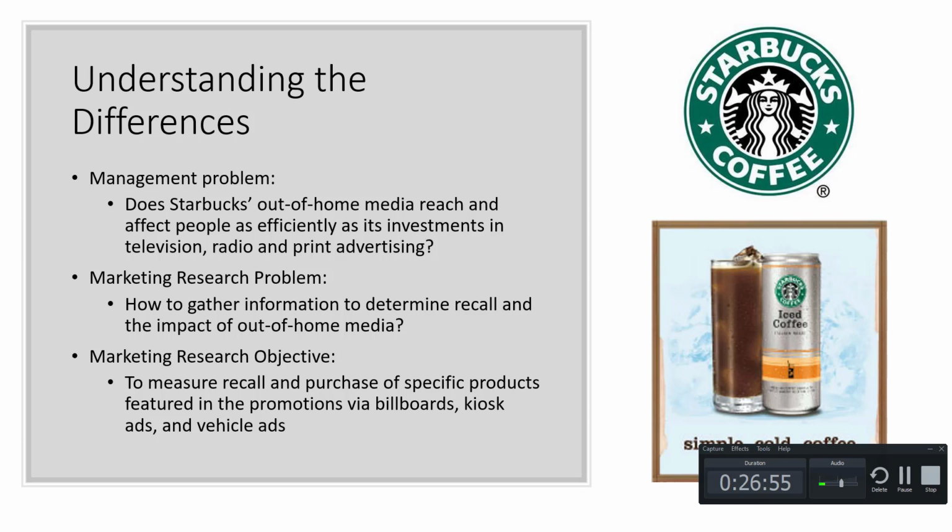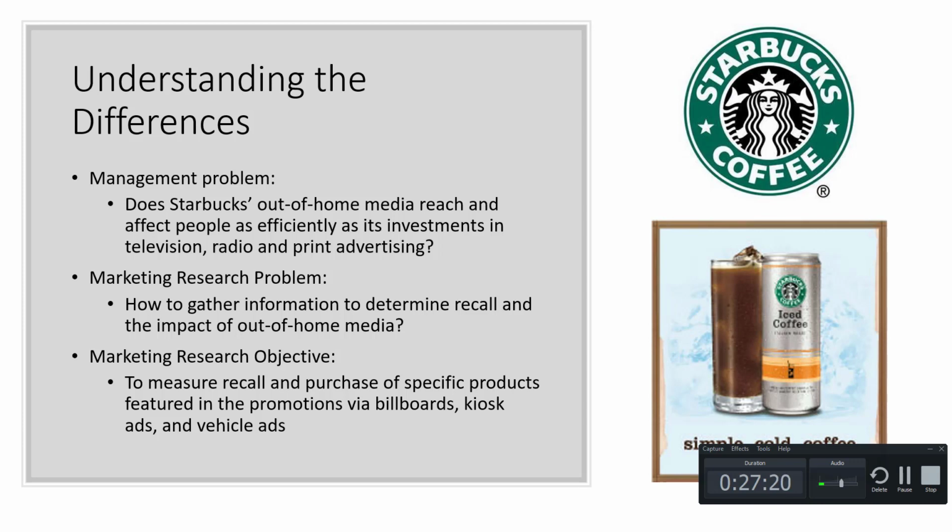Now, I think I mentioned earlier that in the problem definition stage, one of the steps is translating the management problem into a market research problem, and then translating the market research problem into market research objectives. These three steps tend to be very confusing.